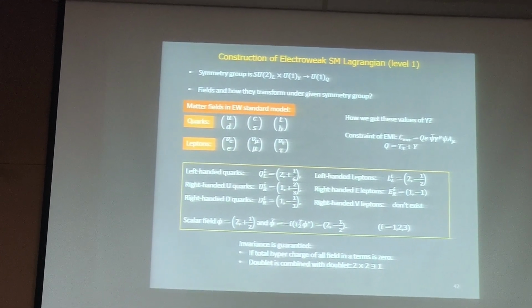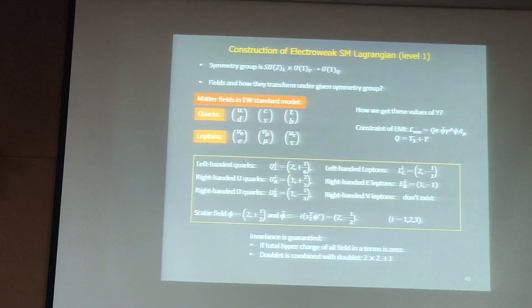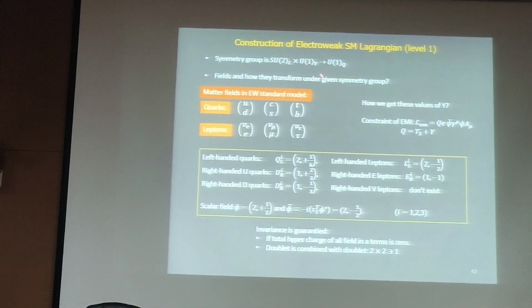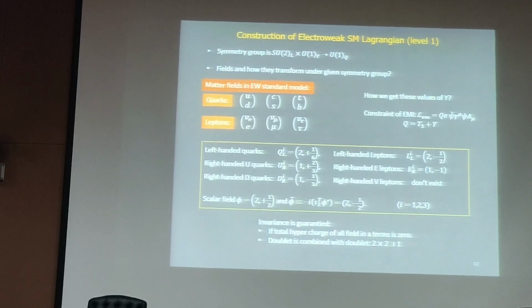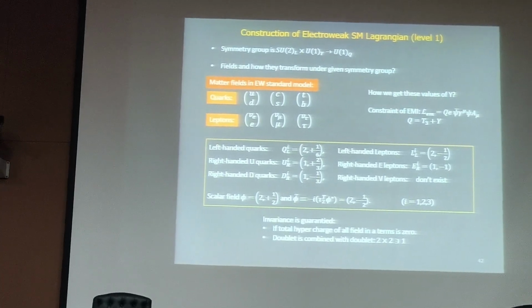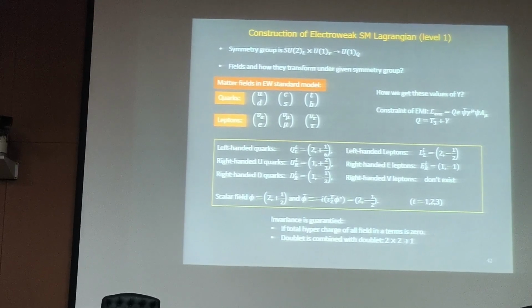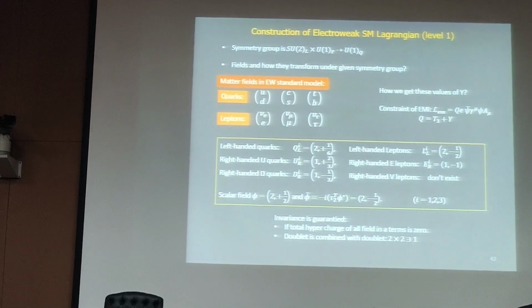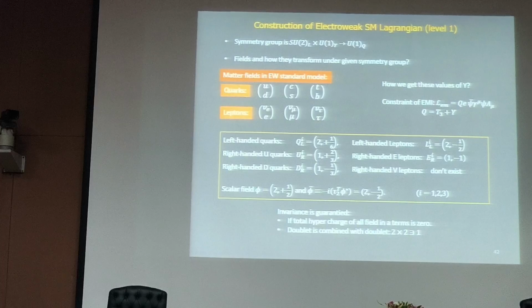This exponent will be 1 if the sum of the Y charges is 0. So the invariance is guaranteed for U1 symmetry if the total hypercharge or Y charge of all the fields in a term is 0. Whenever you combine fields to construct an interaction term, you can combine only those fields in which the sum of the Y charges is 0, and that will guarantee the invariance.